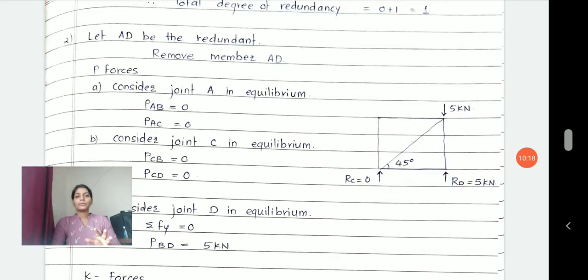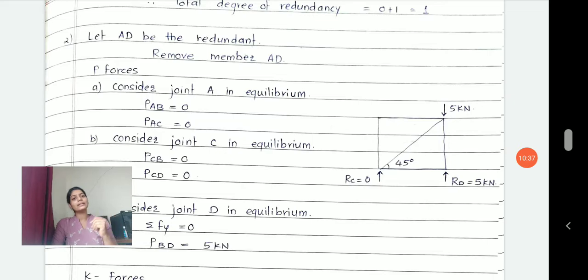Now you are thinking, no madam, I want to take another diagonal as a redundant, or AB or a vertical member as a redundant. You can choose that. It is not always compulsory to follow what the teacher says. If a teacher is saying AD is a redundant, you can choose another way also.